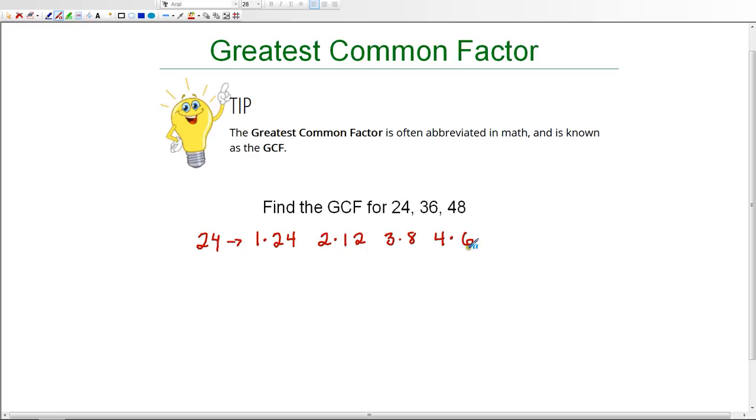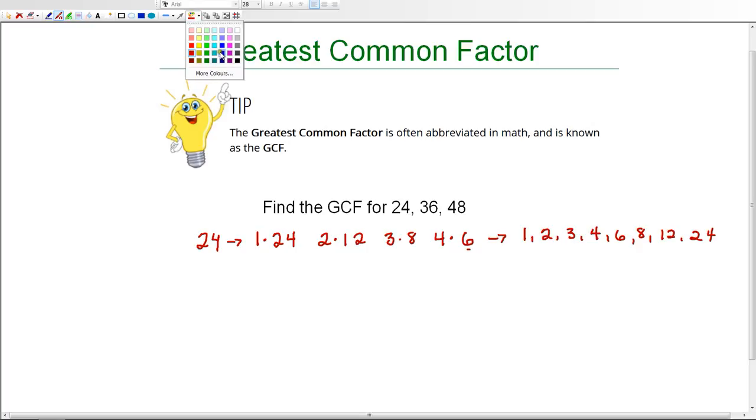And then we would start repeating with 6, so we'll stop there. So the factors for 24 are 1, 2, 3, 4, 6, 8, 12, and 24. And notice how I write them in numerical order. That just makes it easier to find the greatest common factor.